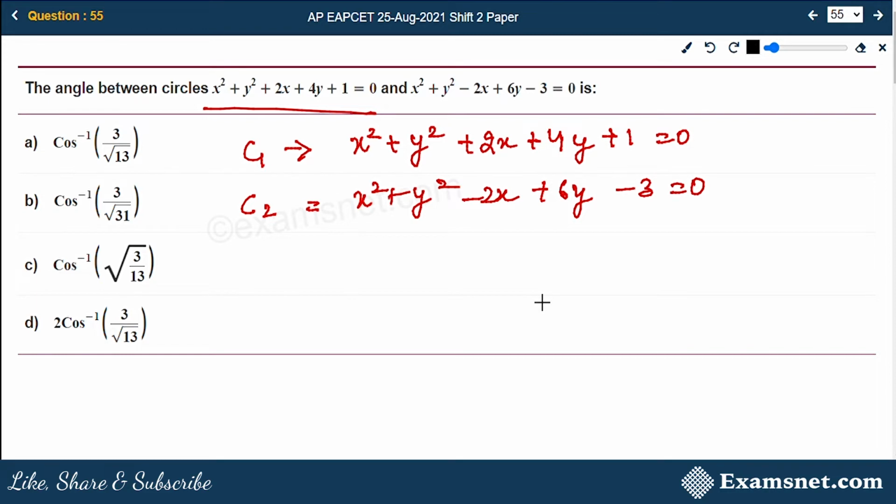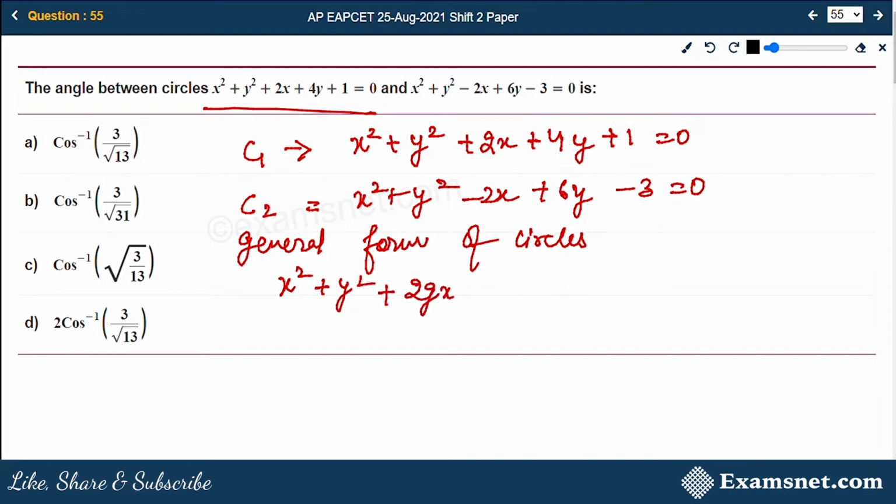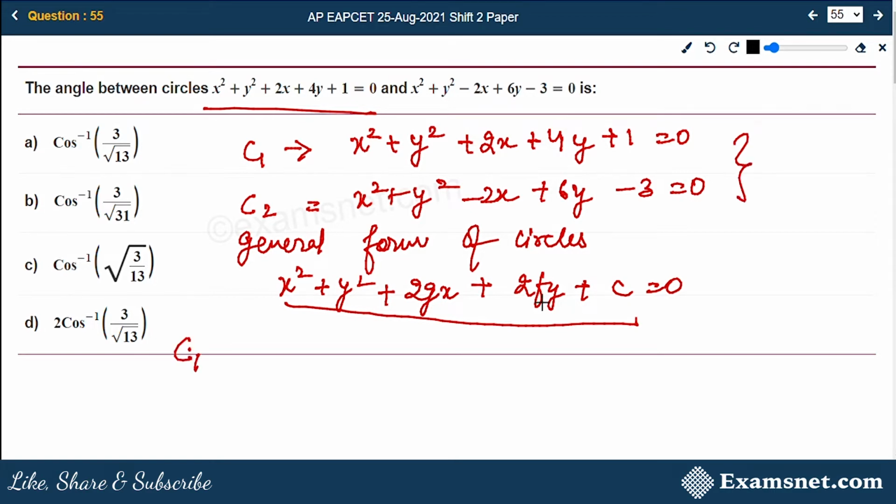You know that the general form of a circle is x square plus y square plus 2gx plus 2fy plus c is equal to 0. Now compare this general form with both of these equations, for circle C1 and for circle C2.